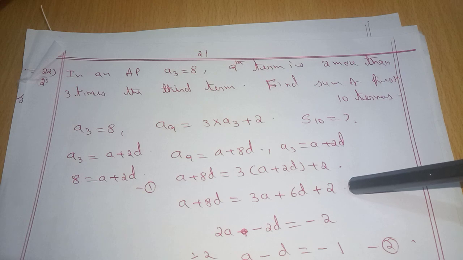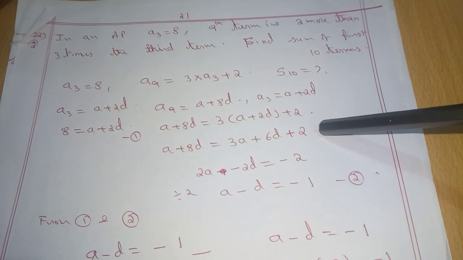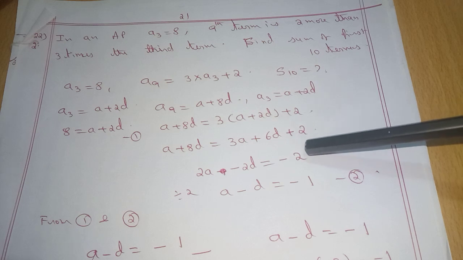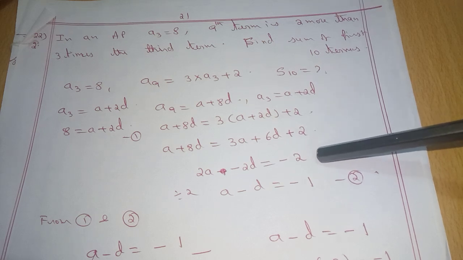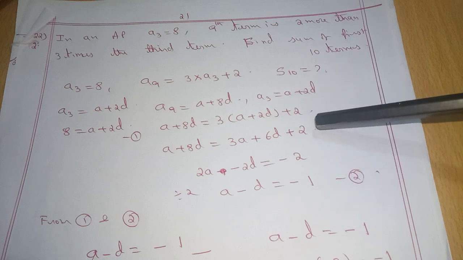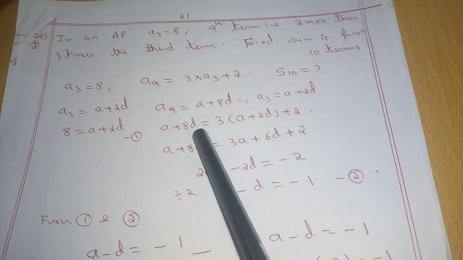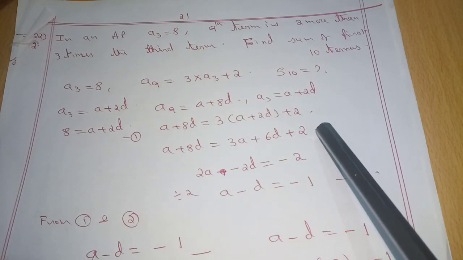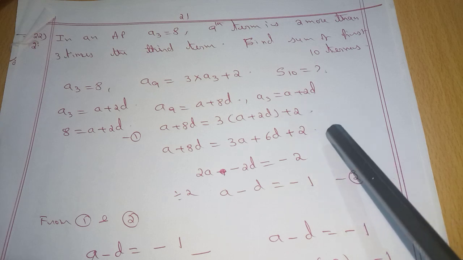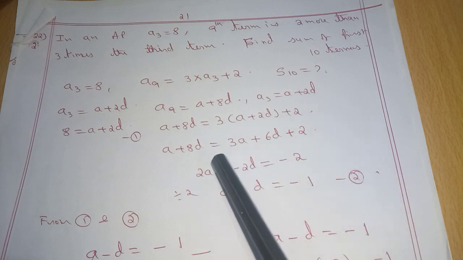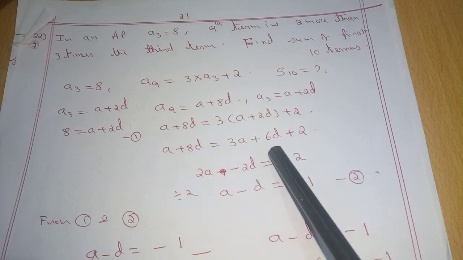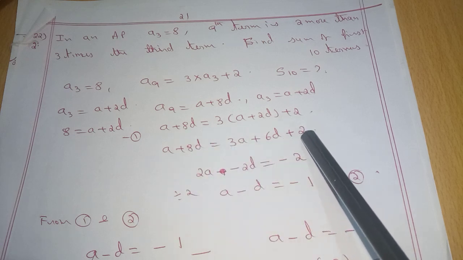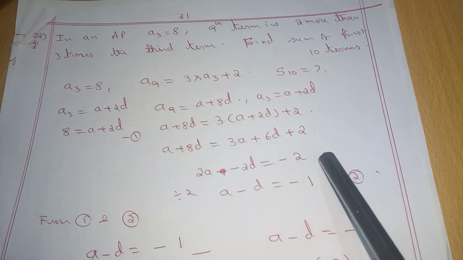Everyone completed? When we simplify, 2A minus 2D is equal to minus 2. Shift 6D to the left hand side and A to the right hand side: 3A minus A, 6D minus 8D, shift 2 to the left hand side, minus 2.